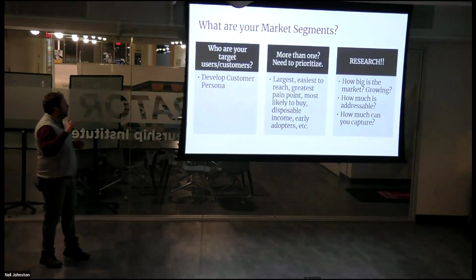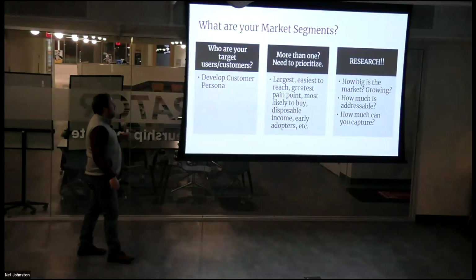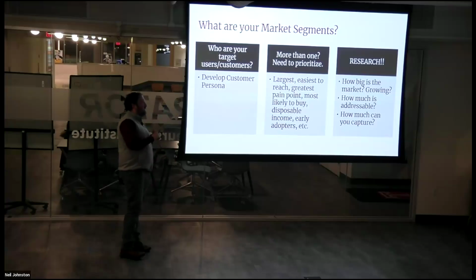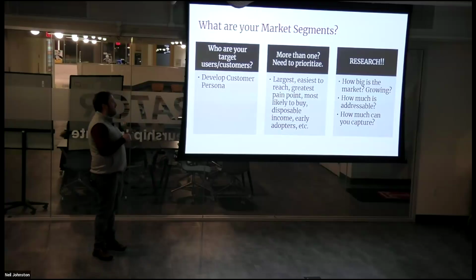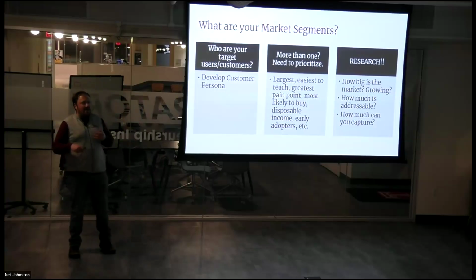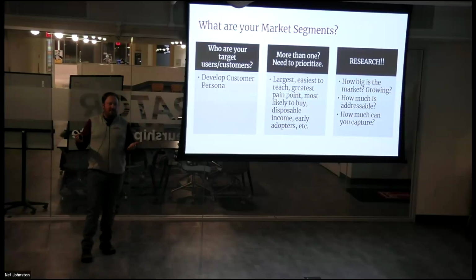But the one that I really want to highlight here is, if you have more than one market segment, you need to prioritize a little bit. And the way that you would prioritize is by looking at things like: what is the largest, what is the easiest to reach? Is there something that has the biggest pain point or something that is the most likely to buy, et cetera. As a reminder, this is a 7-minute presentation that our finalists are being asked to give.